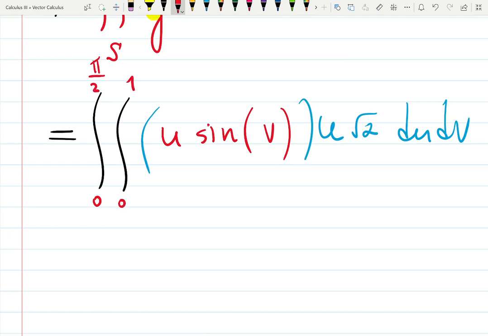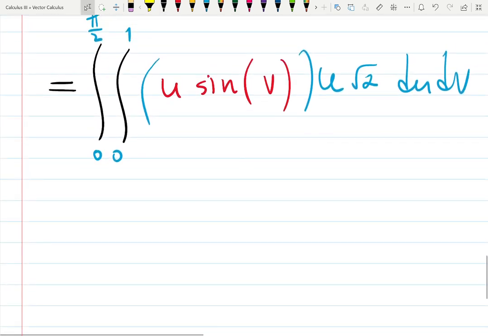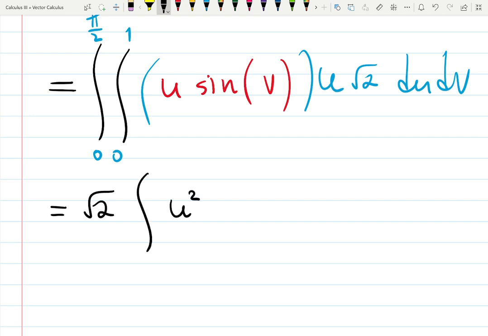But if you remember, since, I'll put it in blue, those are numbers, you can switch the order of integration. If there are no functions, you are free to switch. Those are actually two integrals if you want to do it easier. Kick out the constant outside. It will be everything with u, u squared du, times everything with v, sine of v dv.